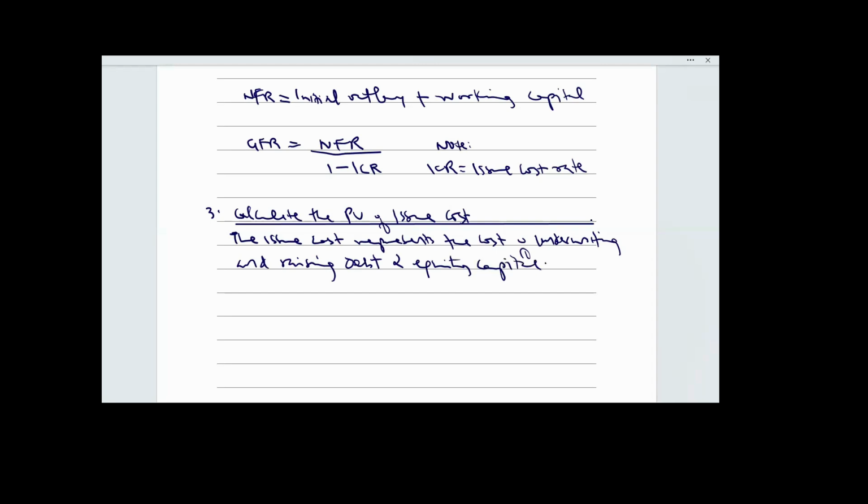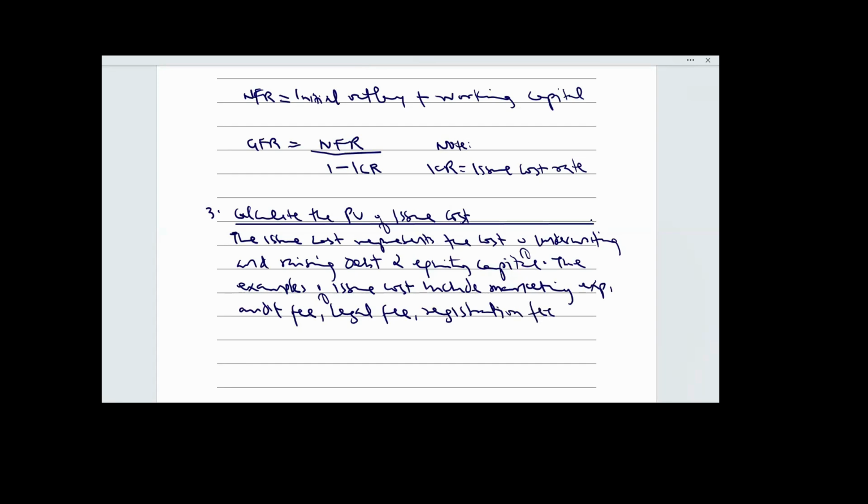Okay, examples of issue costs include marketing expenses, audit fee, legal fee, registration fee, this is the registration fee paid to the Security and Exchange Commission.